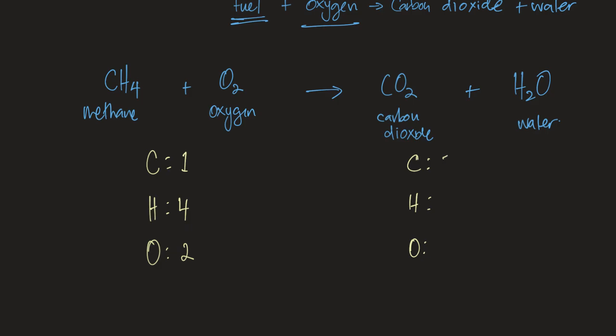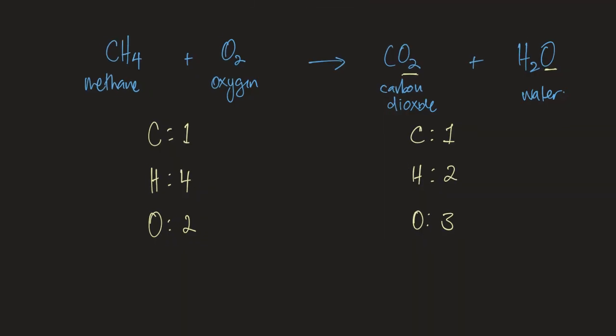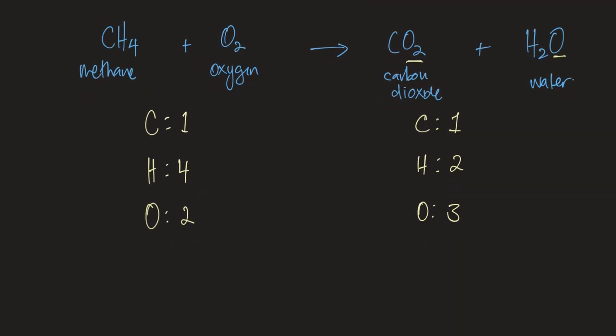On the other side, I've got 1 carbon, 2 hydrogens, and a total of 3 oxygens. That's my setup now. So the carbons are fine. They're doing great. The hydrogens, there's a problem. I have 4 on the left hand side here and 2 on the right hand side. So I need my right hand side to become 4.